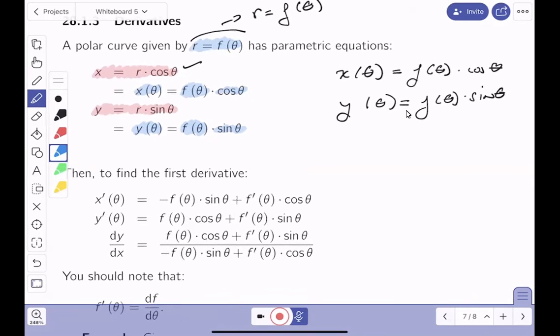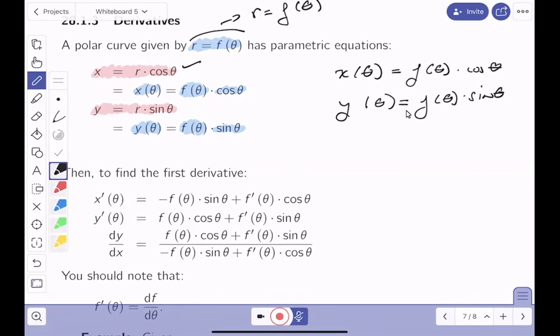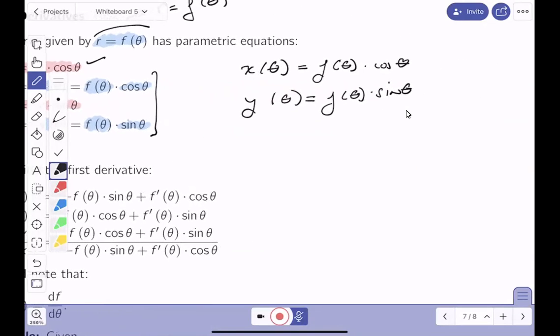All right. So this is important. Now, granted, someone's going to say, is that all I need to remember? For the most part, it is. Now, of course, I don't want to remember what follows it, but I want to write this down for you. I want to write down each step separately. So I'm going to write down x prime theta, which is dx d theta.